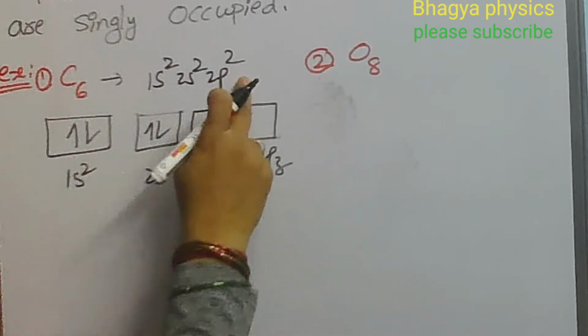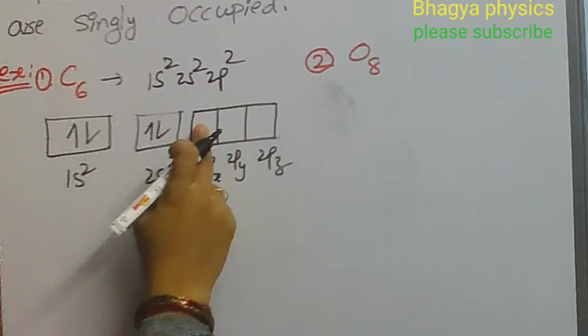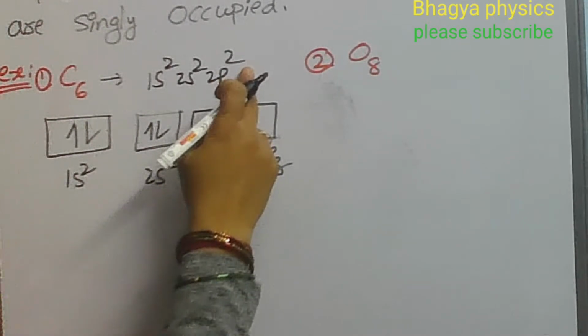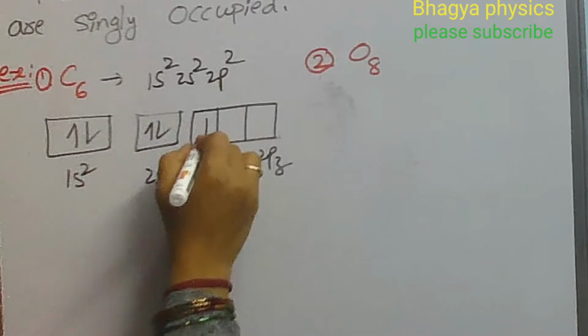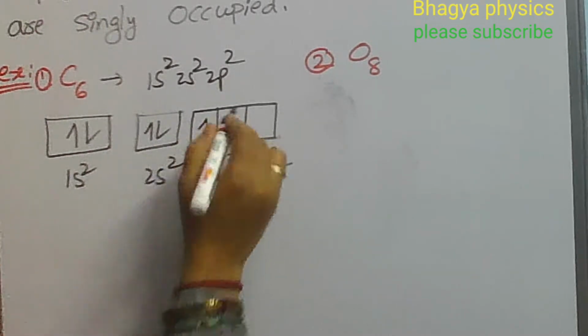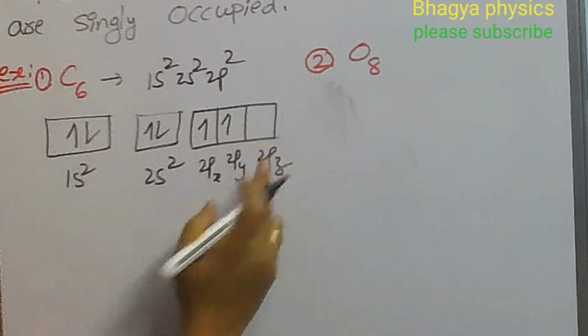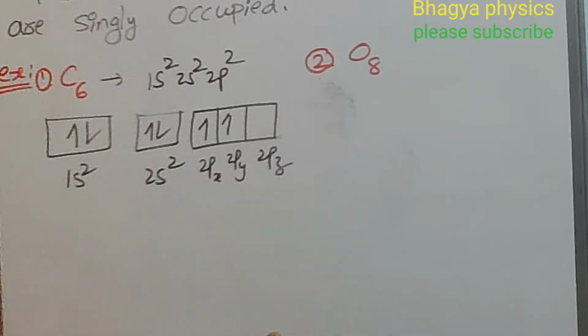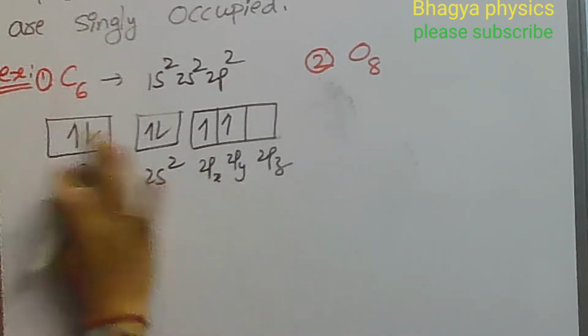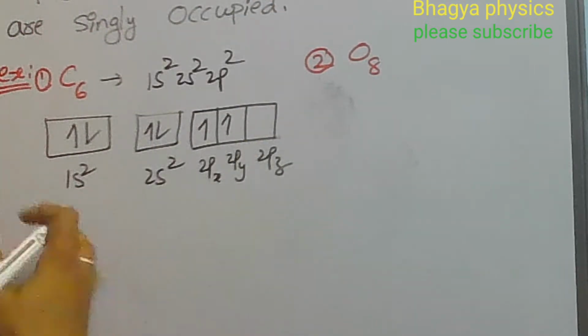There are three orbitals but only two extra electrons in carbon, so those two electrons will first singly occupy the degenerate orbitals, leaving 2pz empty, according to Hund's rule.